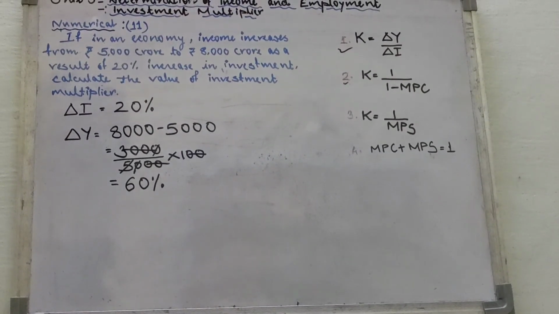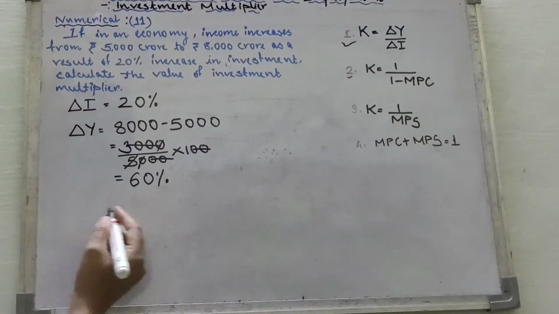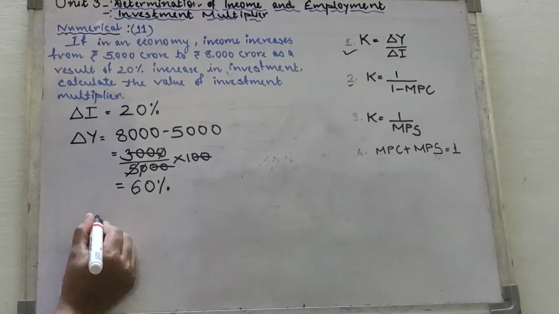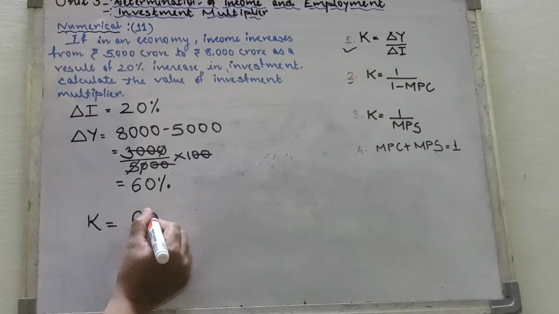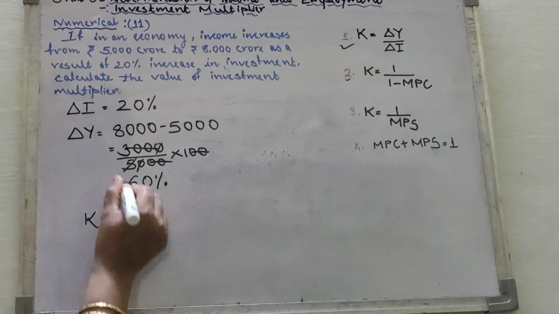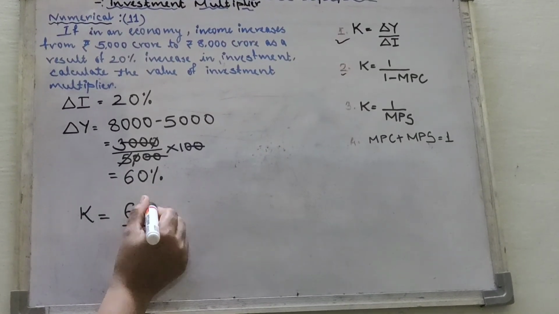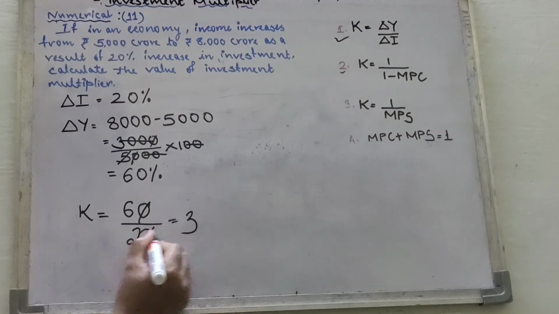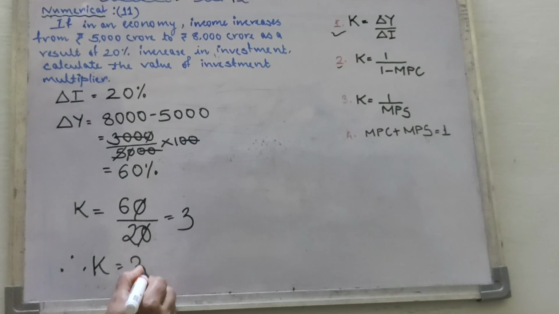Now very easily we can find the K here. K is equal to delta Y by delta I, that is K is 60% change in the income due to 20% change in the investment. Therefore, K is nothing but equal to 3.